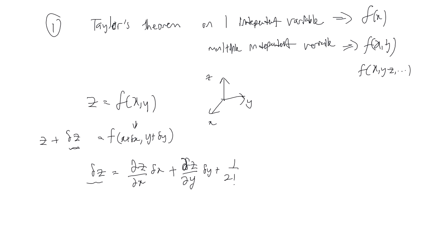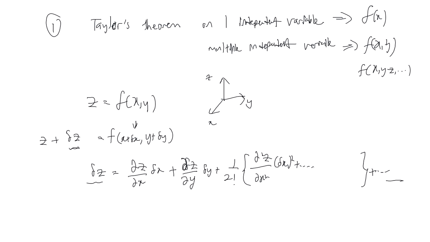If you do the Taylor's expansion, the rest of the terms are squared, the second order derivative, and squared. If you go further, then there will be the third partial derivative and power of 3.